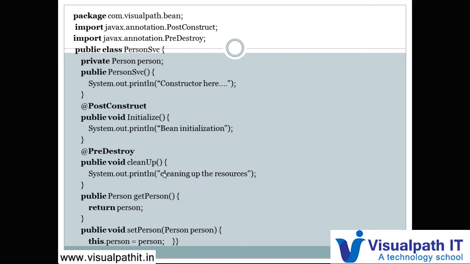That's it. So these two are similar to the init and destroy methods. @PreDestroy is cleanup, or we can say it will be invoked while the bean is removed from the container memory.